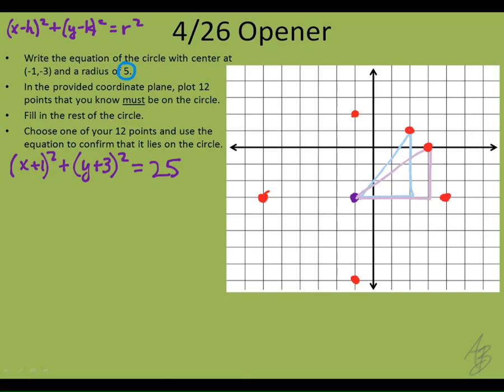So we can go in any direction. We can go 4 and then 3. So we could go left 4 and up 3 and get that point. We could go left 3 and up 4 and get that point. And we could continue that all the way around the circle.